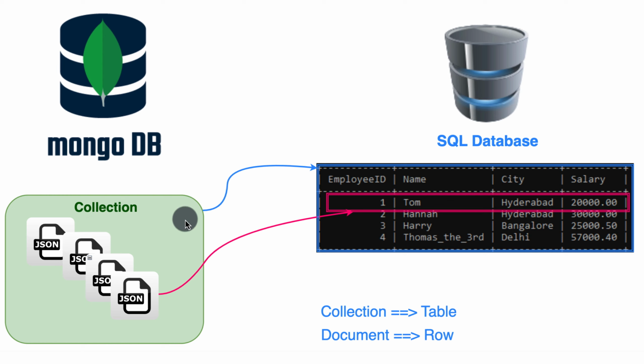This collection, the one in green, is the equivalent of the SQL table within an SQL database. A collection is a table within an SQL database. Now, a document is a MongoDB JSON object that represents a record in the database. It is similar to a row in an SQL table, as you can see here.